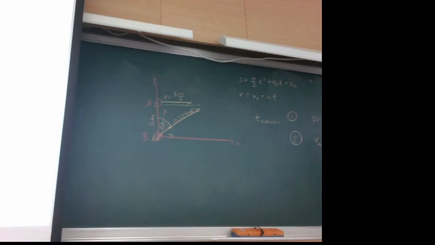So I could call that one 3 meters per second. Don't have to calculate anything. Times t impact equals ax, so A times sine theta times t impact.